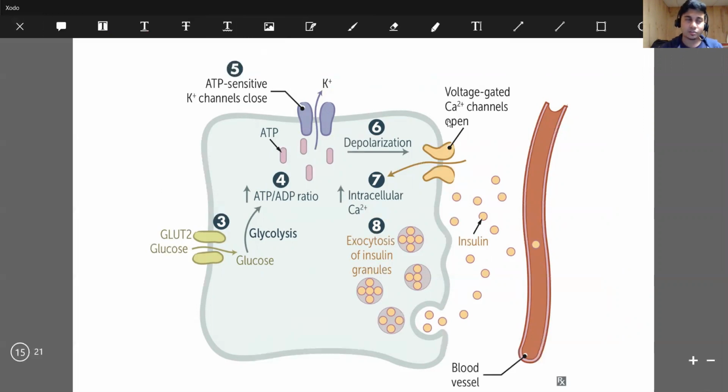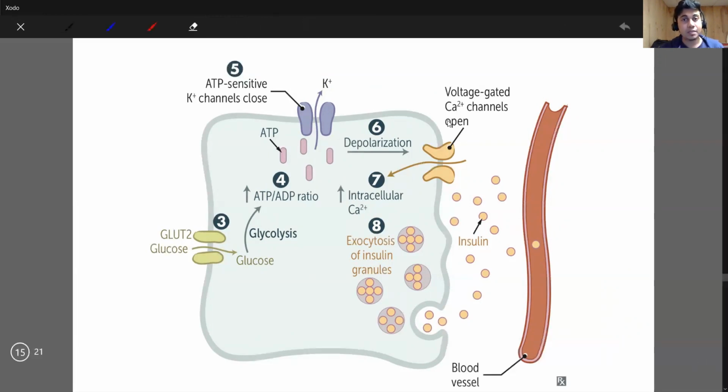That means unless there's a huge amount of substrate, it is not working that much. We describe it with a mathematical value called the Km value. We say that glucokinase has a higher Km.